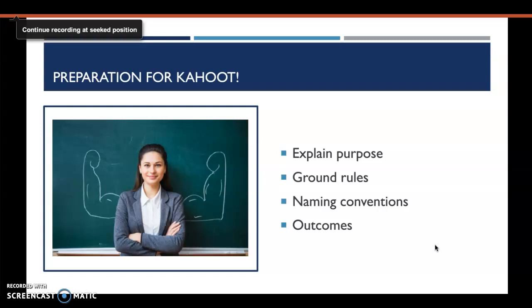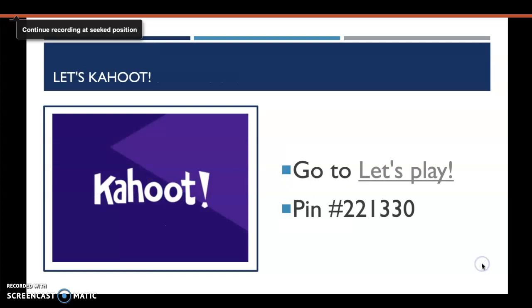You are not getting up out of your seat to brag if you're in first place. And what is the purpose of using Kahoot? You also want to perhaps think about naming conventions. They have to use their name or they will get kicked out, that kind of thing. Also, the same as with Formative, you want to be clear about how you're going to use the outcomes.